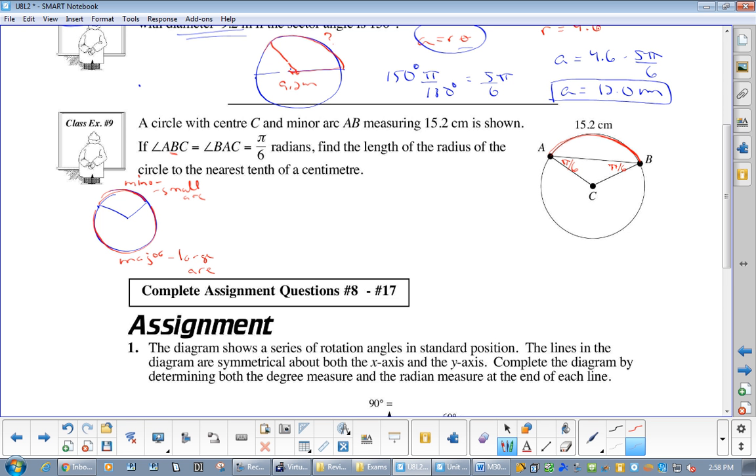Now, why does knowing those two angles help me find the radius? We have this formula, and this is what I'm supposed to find. So let's divide by theta. So A over the angle equals the radius. This is R right there.